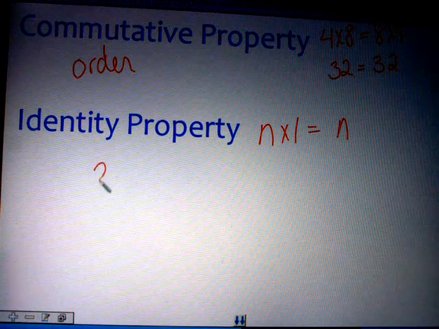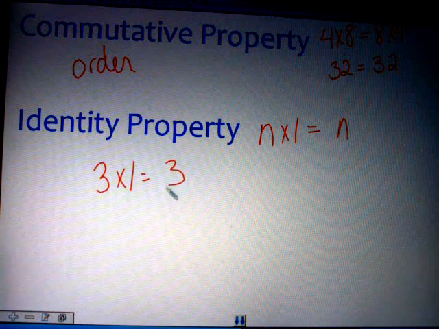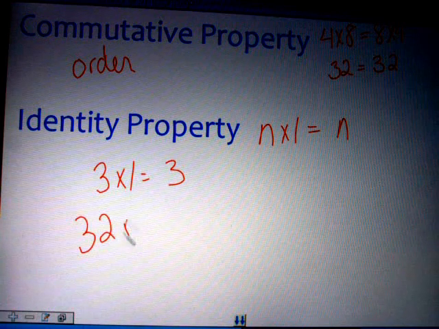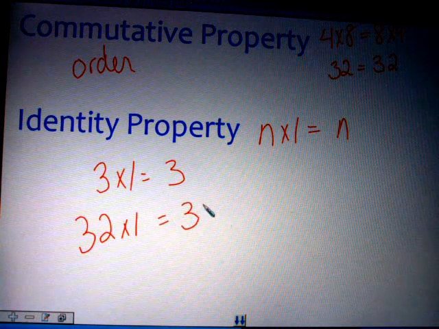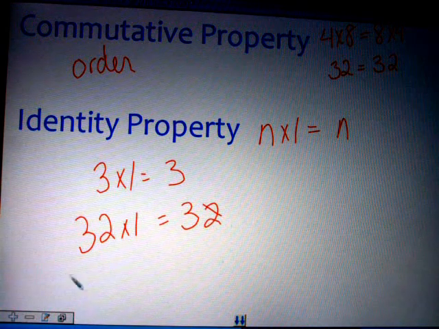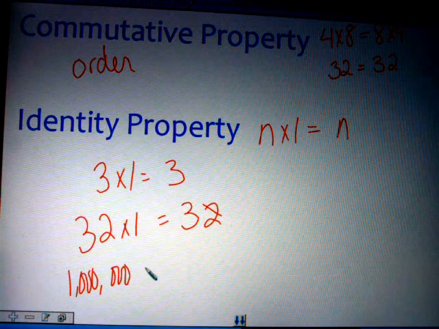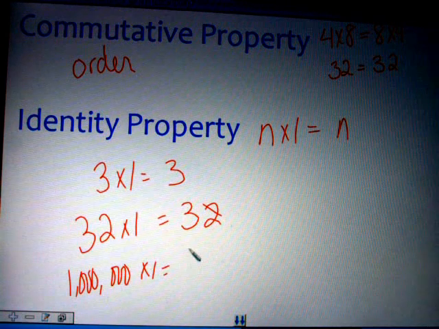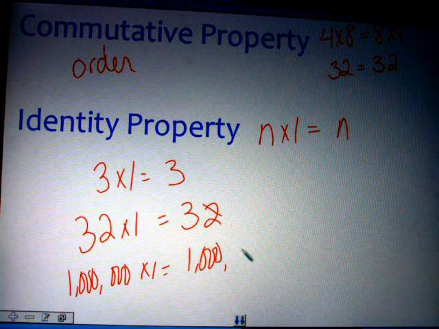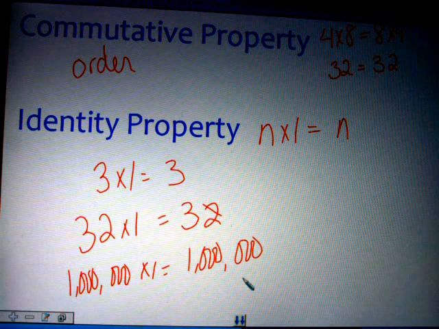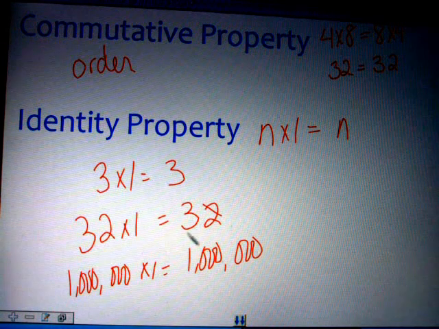So, for example, 3 times 1 equals 3. 32 times 1 equals 32. 1 million times 1 equals 1 million. So, that's the identity property.